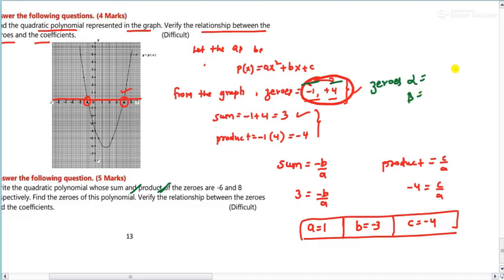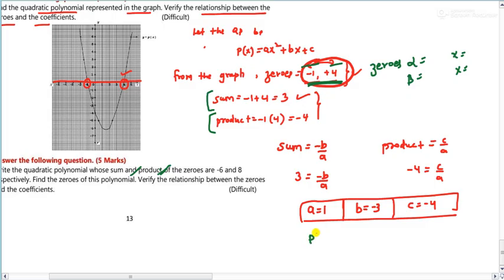They are the values of x. So you need to do the sum, means you need to add both of them and then multiply both of them to get product. That is the confusion most of the students get. Based on the experience, I am telling this. So you need to be careful in this step. Now have you understood?